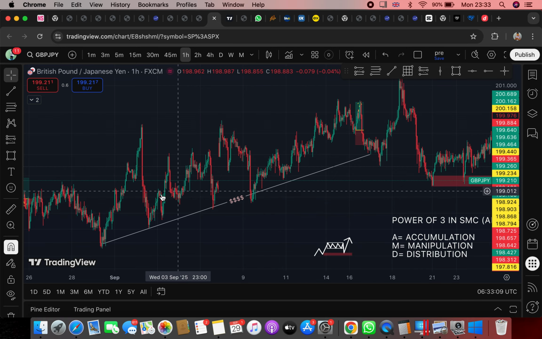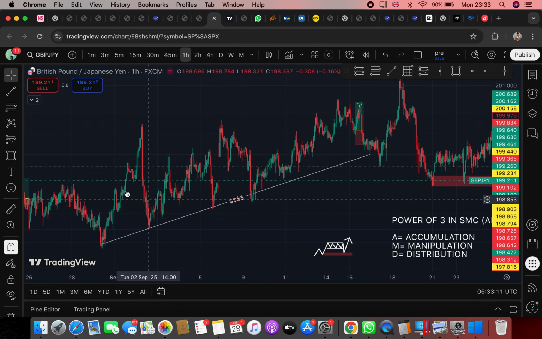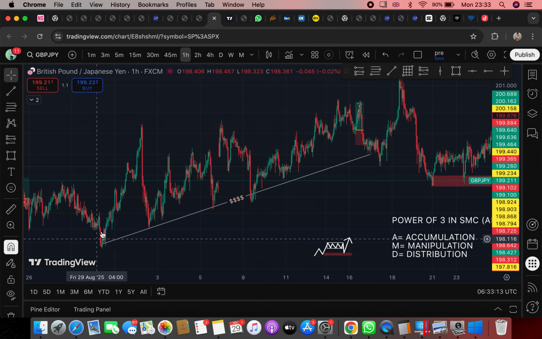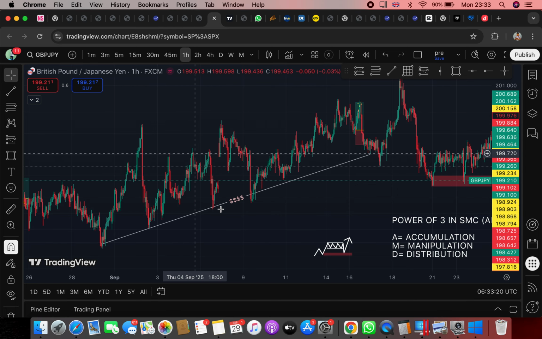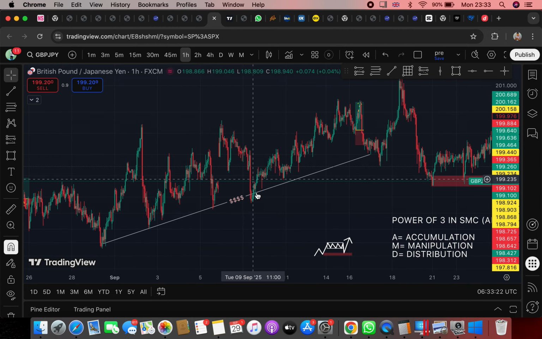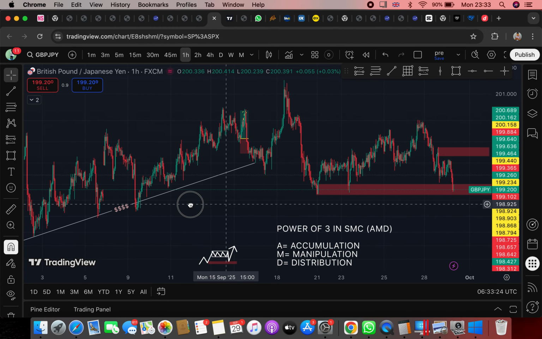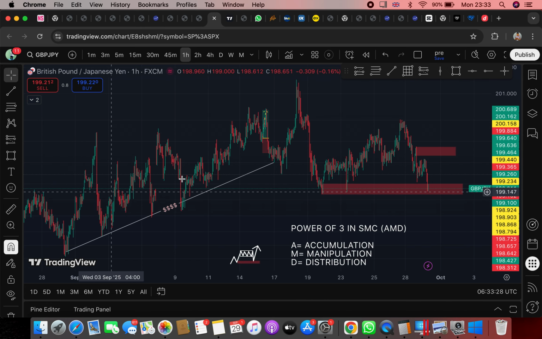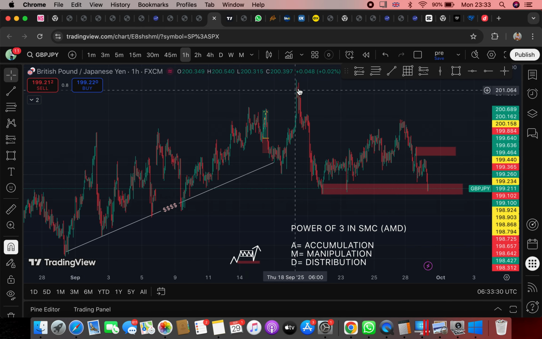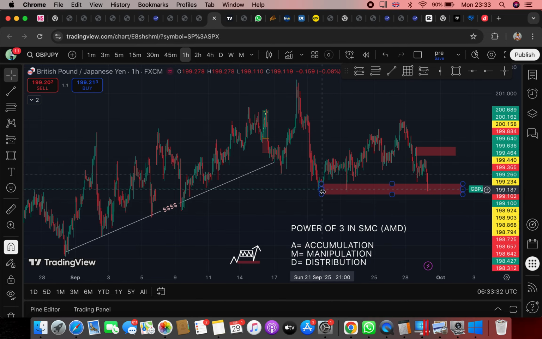As you can see from here, the market is uptrending, creating higher high, higher low, higher high, higher low, higher high, higher low. So now at this area, you saw the market created this higher high, and this is a higher low.